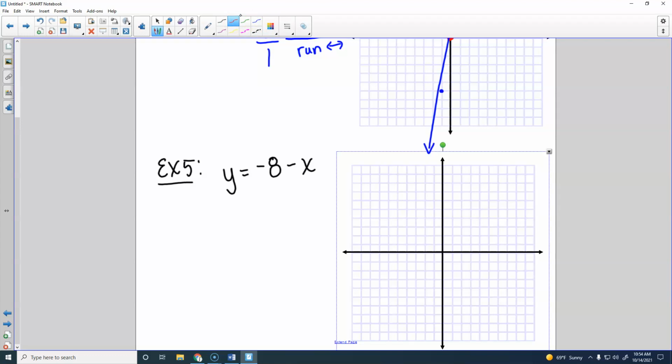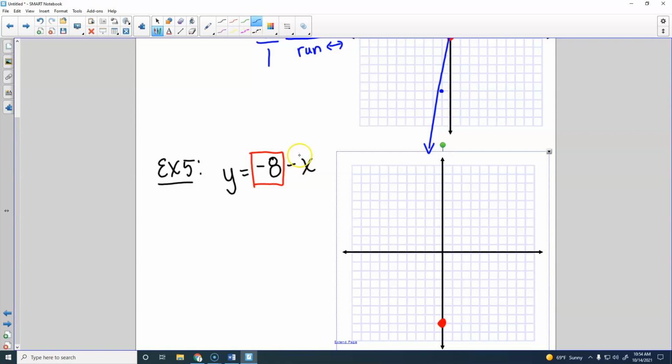No. Negative 8 is my y-intercept because it is not with my x. So I would go down here to negative 8 and put myself a dot. Wade, what's the slope? That is a negative 1.